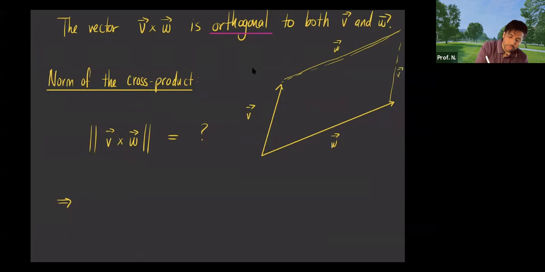And there's something that we haven't discussed as of now, but it's something called the Lagrange identity. You can verify this on your own.